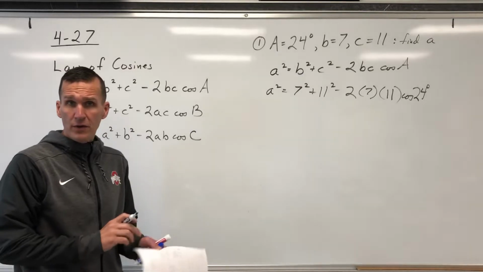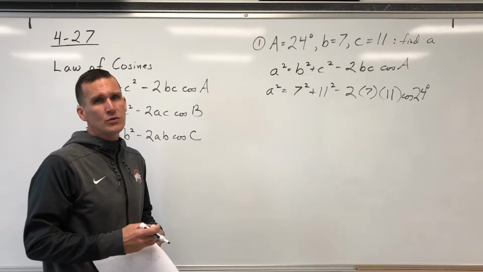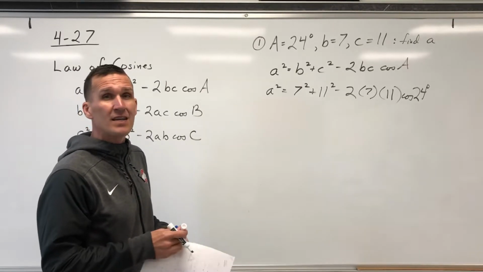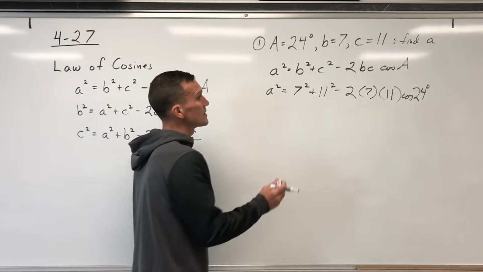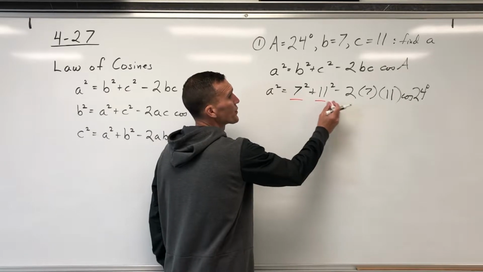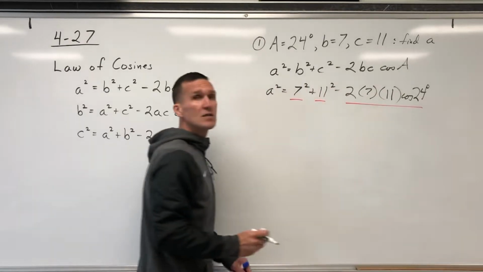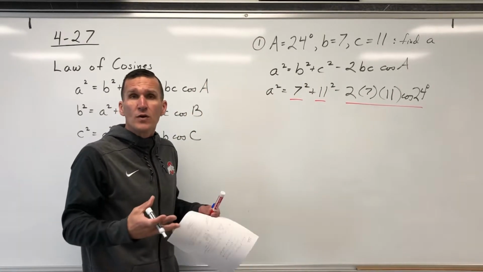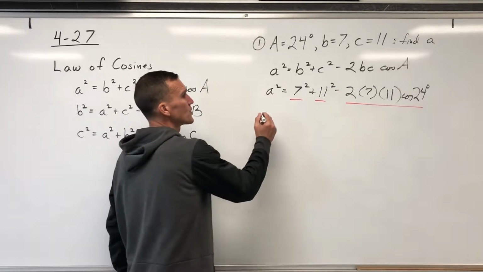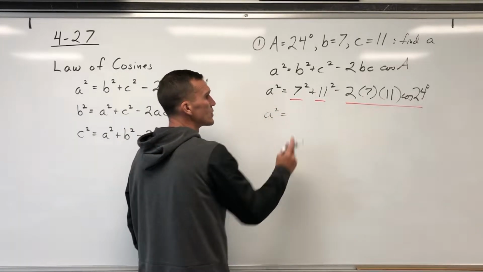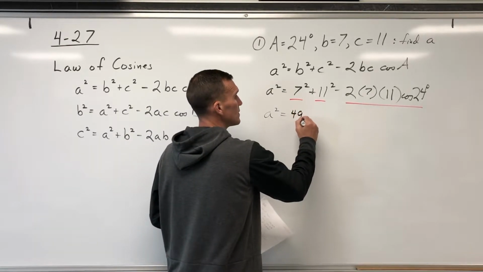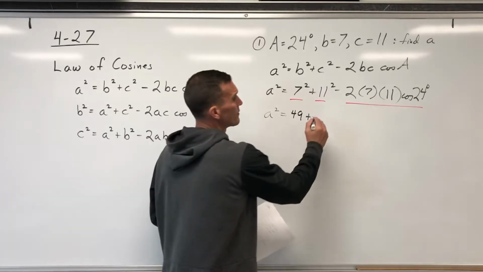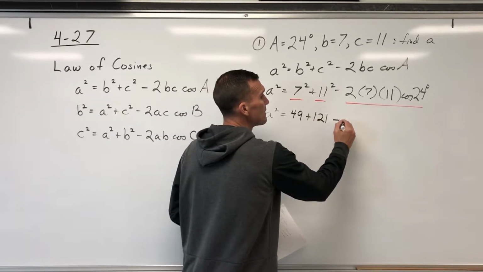But try not to do too much in a calculator at once. It can confuse you, especially on the next day. There are like 3 pieces to this puzzle, so just find those 3 answers first. I have little a squared is equal to 7 squared, which is 49, plus 11 squared, which is 121, and then there's a minus symbol.